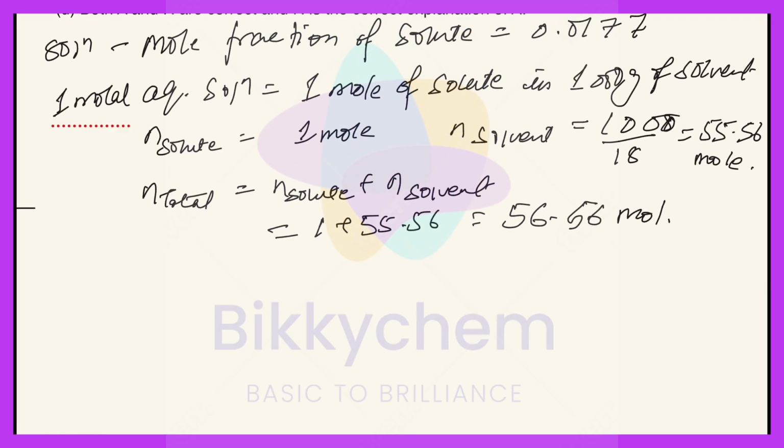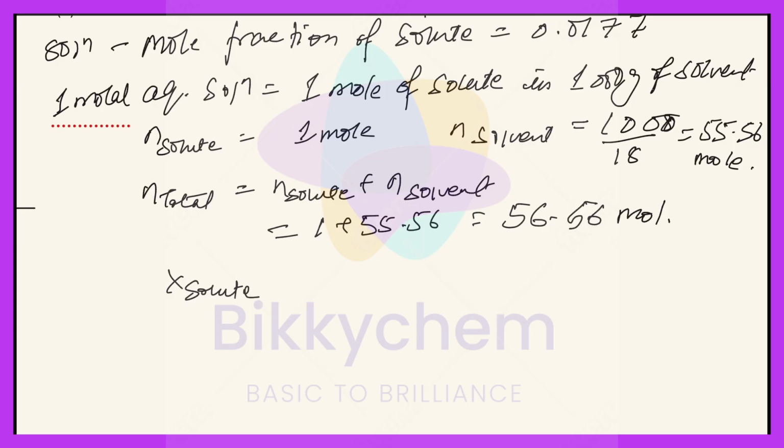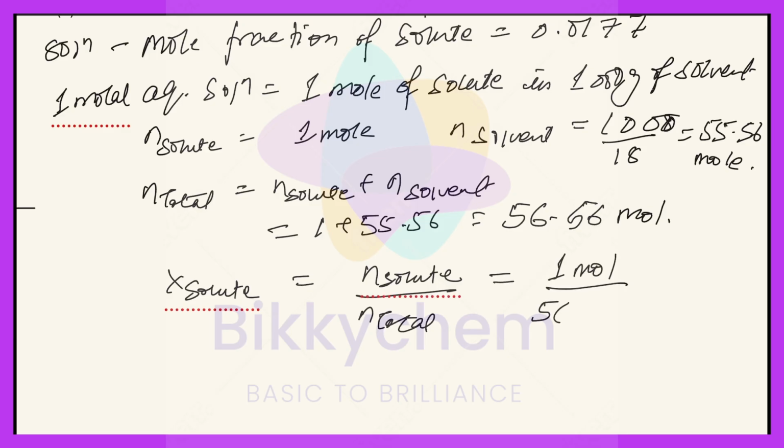Then let us find out the X solute, which is N solute divided by N total, that is 1 mole divided by 56.56 mole, which equals 0.0177. So that means the assertion is right.